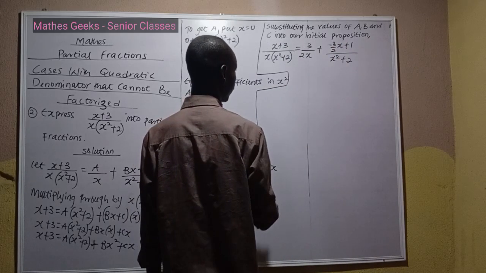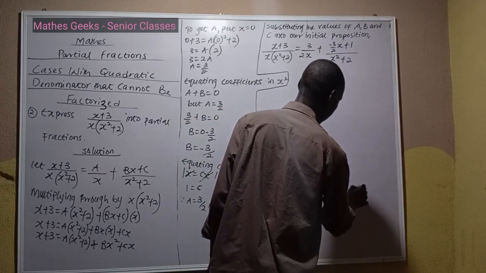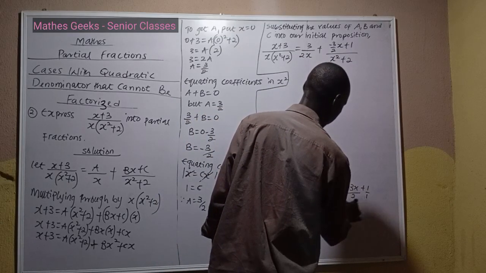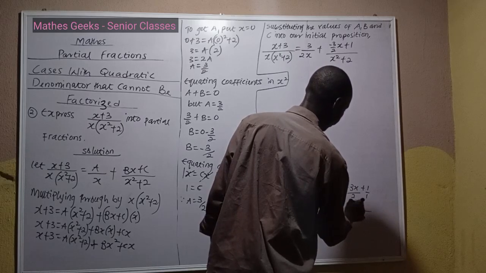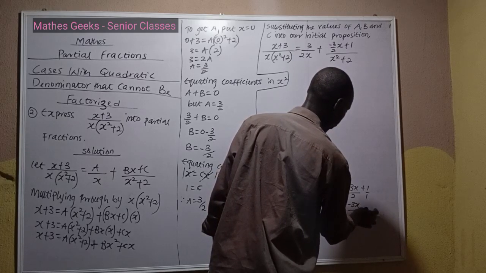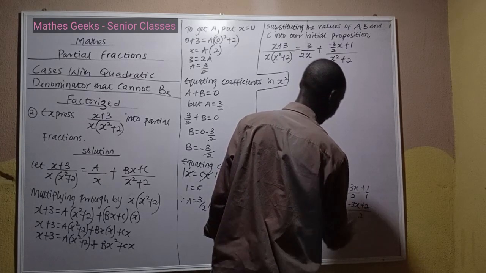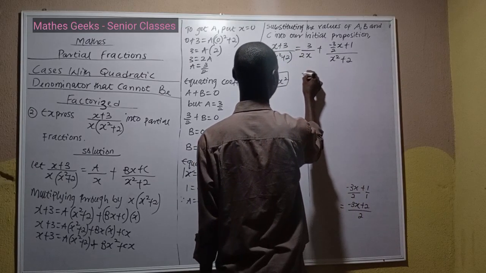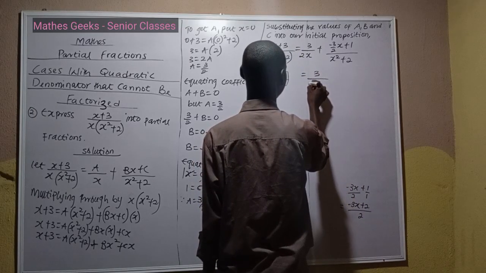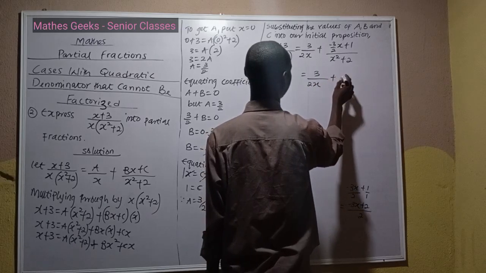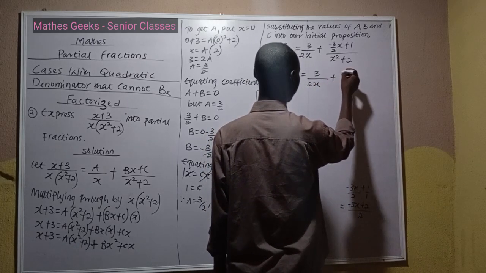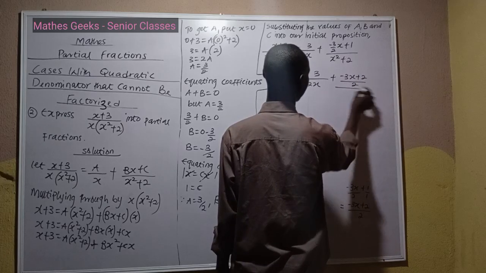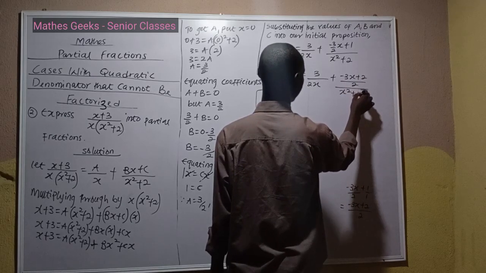To simplify that part, we're going to have minus 3x plus 2 over 2. So this is just equal to 3 over 2x plus minus 3x plus 2 over 2 over x squared plus 2.